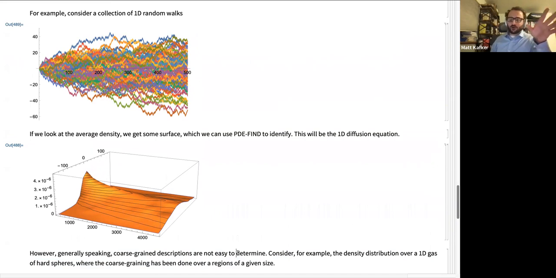If you do your homework and that comes together well, then you have a very good coarse grained description. Whatever PDE-FIND spits out may not be the best possible, but it's a very, very good coarse grained description given the library that you fed to the system. And this is an interesting opportunity because, like that surface that we were just looking at, that's a crazy surface.